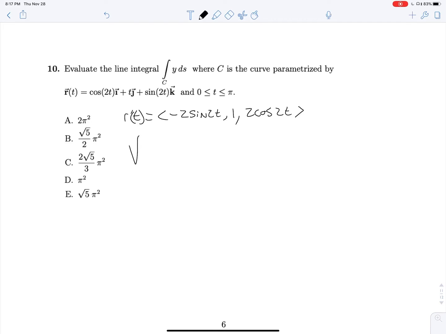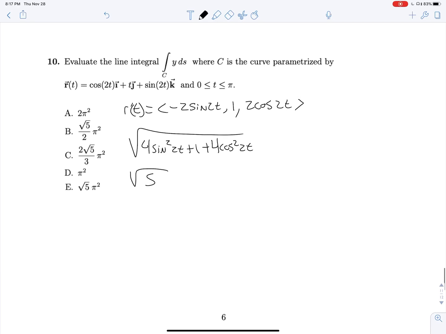And so the magnitude of this is going to be 4 sine squared 2t plus 1 plus 4 cosine squared 2t. And this will work out to root 5.